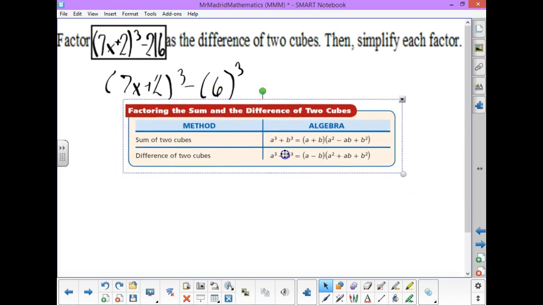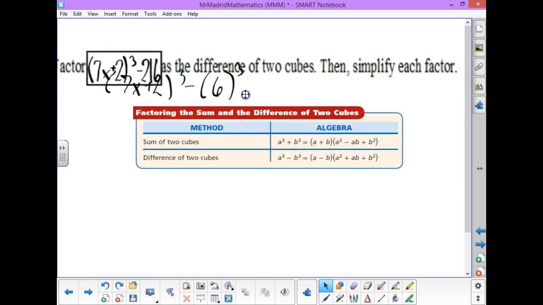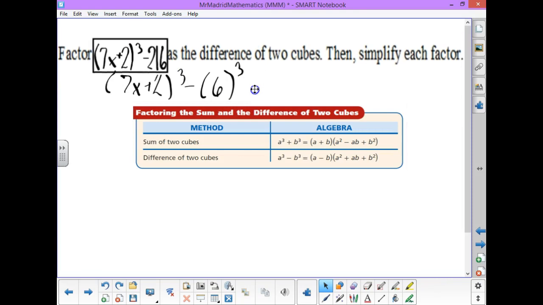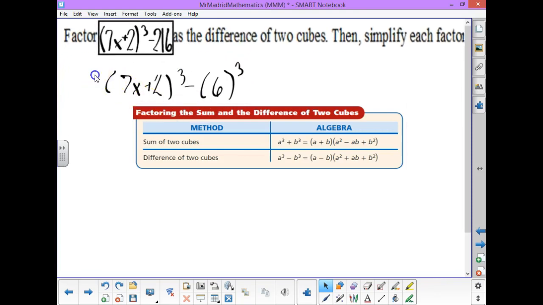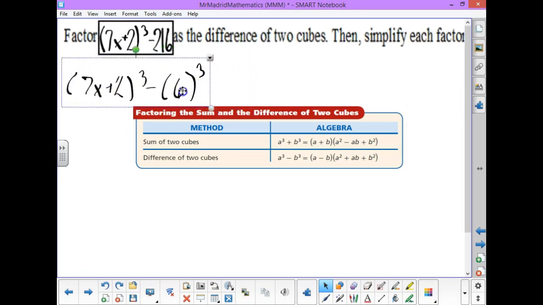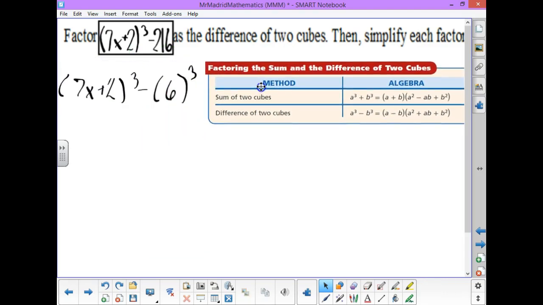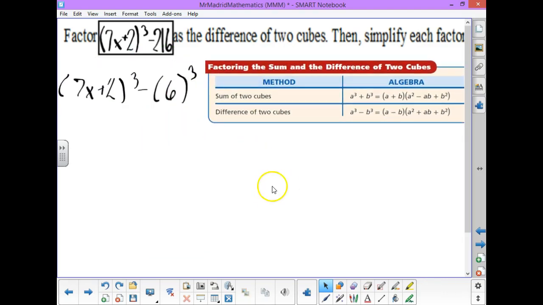Something in your brain should be like, didn't we discuss something about this? You don't have to remember the formula, just organize your thoughts. So why these two formulas? Because it helps you factor a sum or difference of two cubes, which is not easy to do the long way.